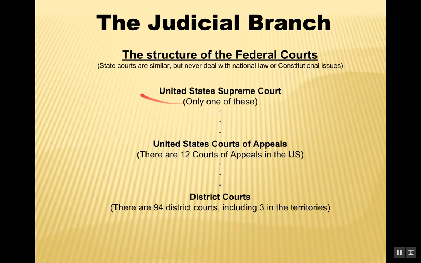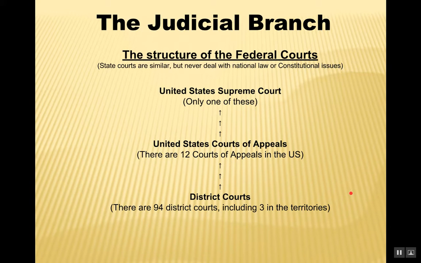But below this level, there are the United States Court of Appeals, and there are actually 12 of these in the United States. So they're spread around throughout the states, so that people can have access to this level. And then below that are what's known as district courts, and this is your very bottom level of courts. There are 94 district courts within the actual U.S. states.